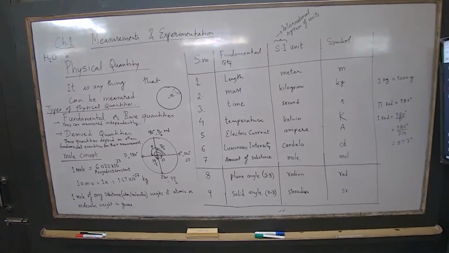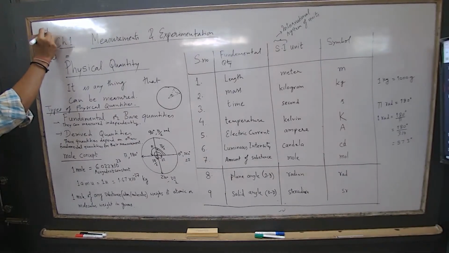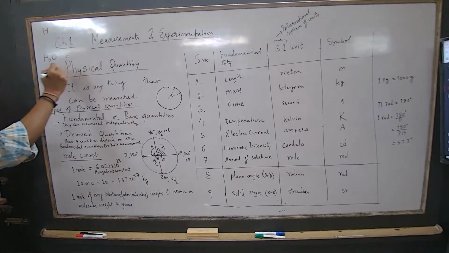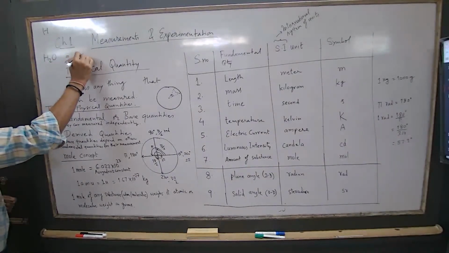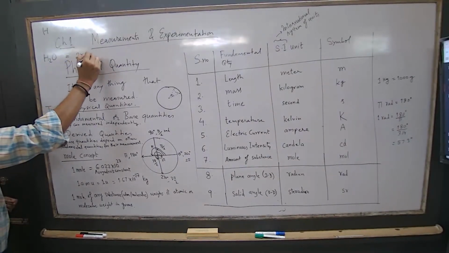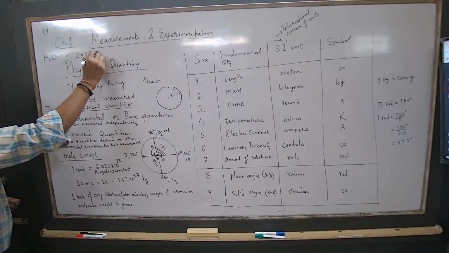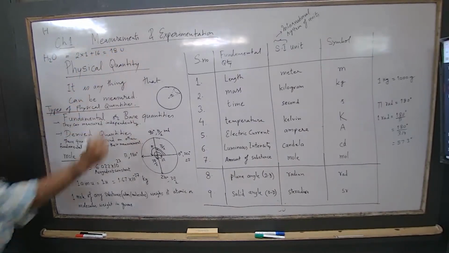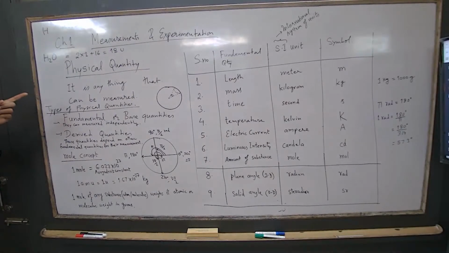What is the molecular weight of H? H is 1U. What is H2O? So 2 into 1 for hydrogen, plus what is oxygen? 16. So 18U. It is 18U.